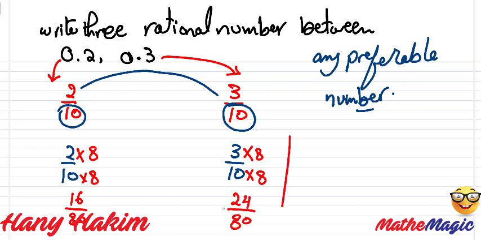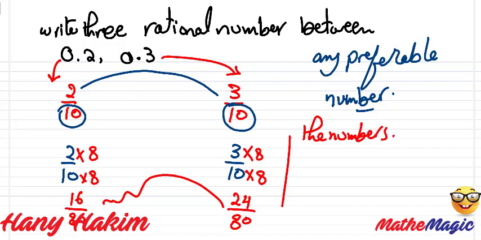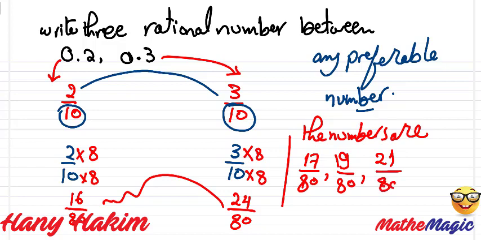Choose now any three numbers between them. يبقى the numbers are something like 17 over 80, 19 over 80, 21 over 80. I can choose any of these, and could I choose any other number?